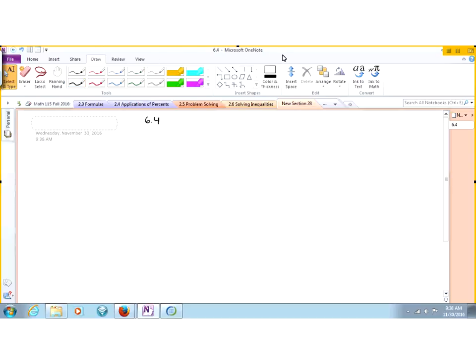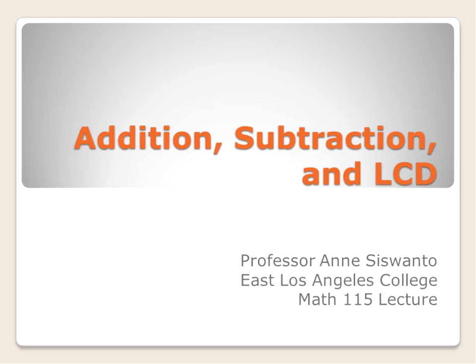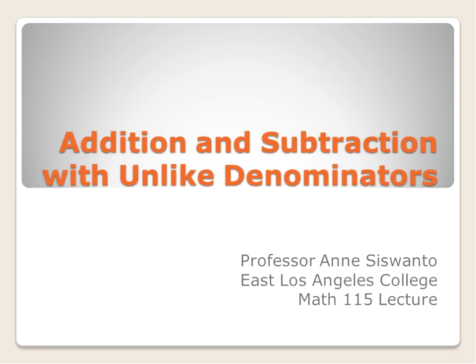I'm done with 6.3 addition, subtraction, and LCD. So now we will add and subtract with unlike denominators. So adding and subtracting with unlike denominators, this is 6.4. Okay. Let's start. Finish it today. I don't think it's that difficult. I hope not. So addition and subtraction.